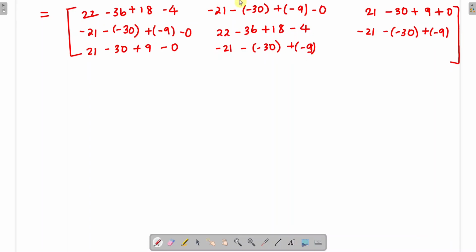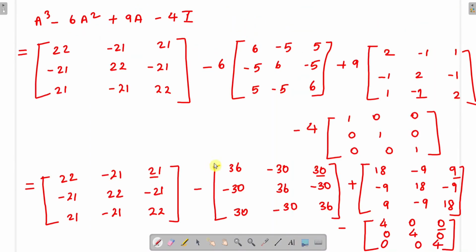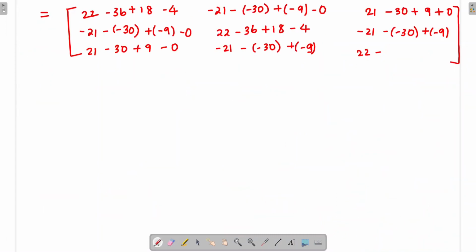Then what we will get: 22 minus 36 plus 18 minus 4. So let us see what we get here. 22 plus 18, that will be 40, and then minus 36 minus 4 is minus 40.